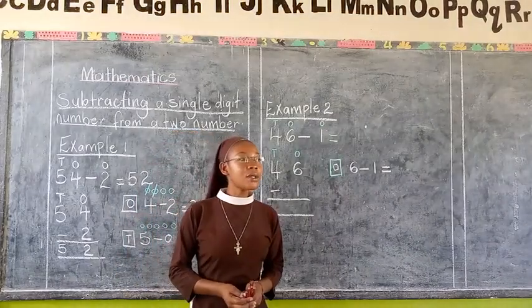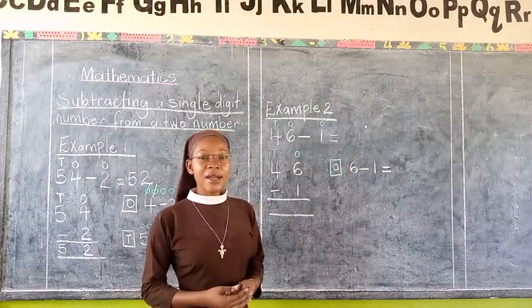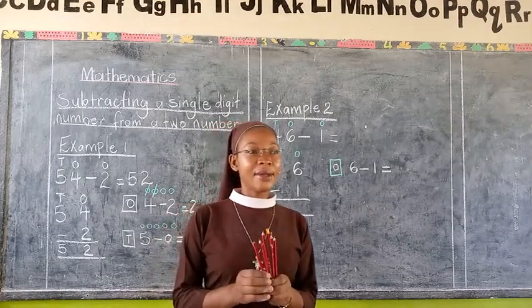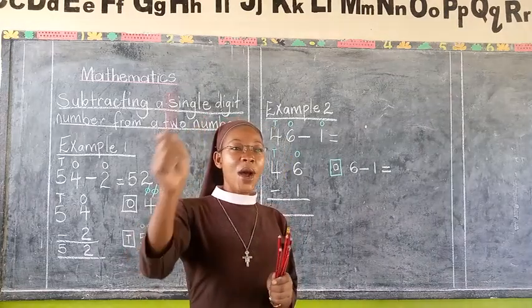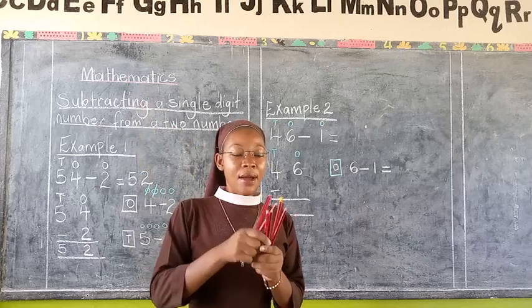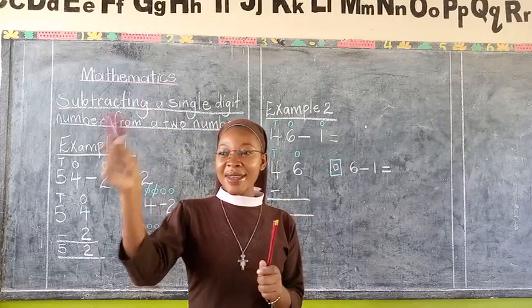So we shall count 6 counters. Get your counters, please. I have my counters with me here. So I'm going to count 6 pencils. 1, 2, 3, 4, 5, 6.